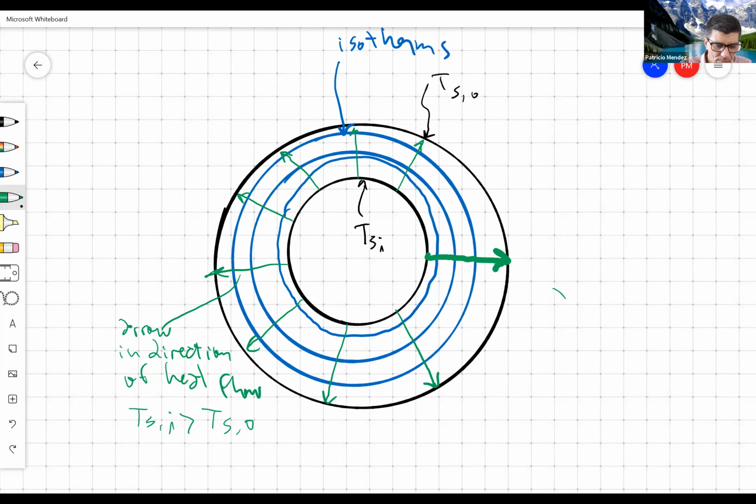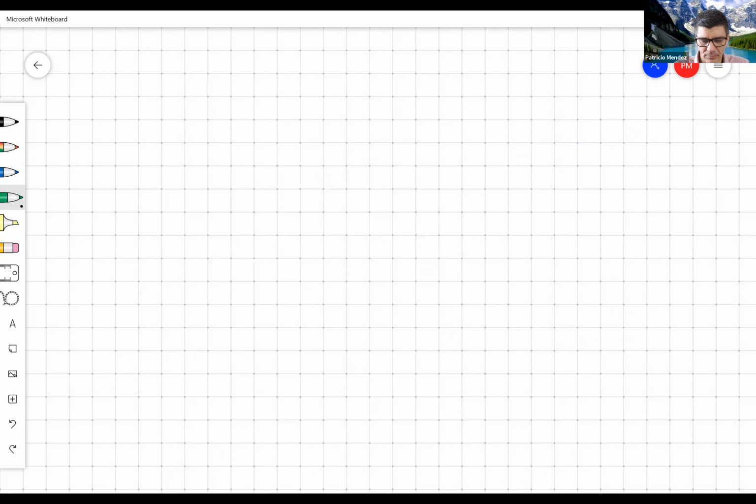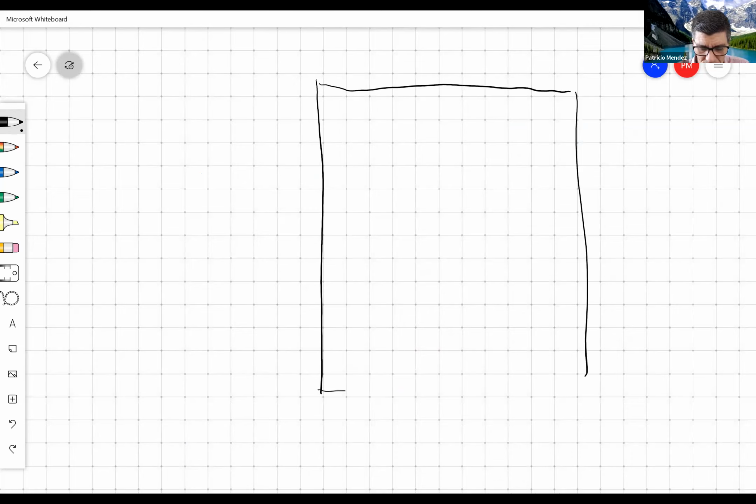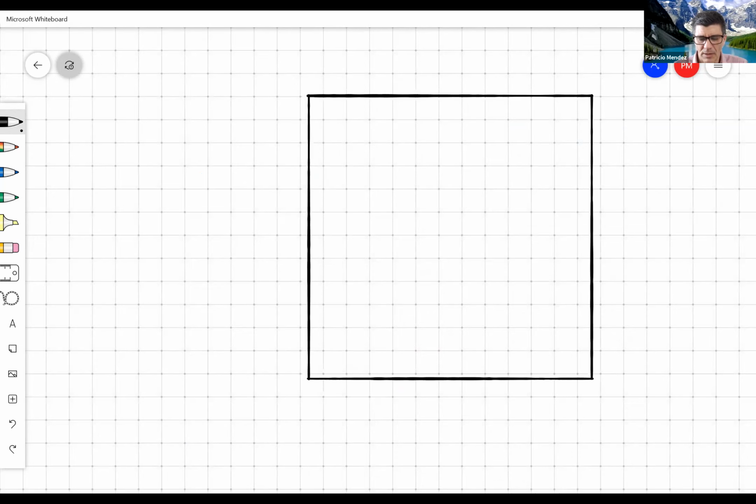Let's do one more. Let's consider this case. Let's say we have, well, this square here, and let's say that this side is insulated.